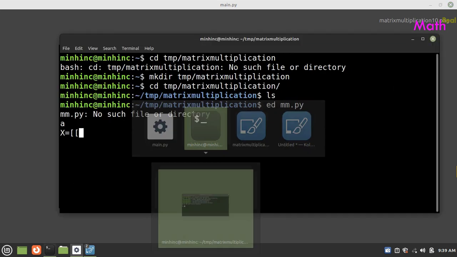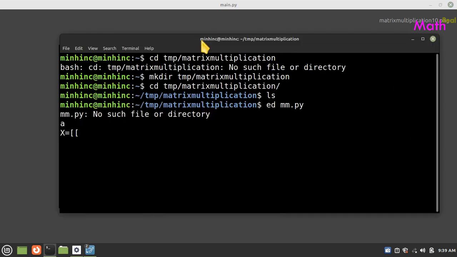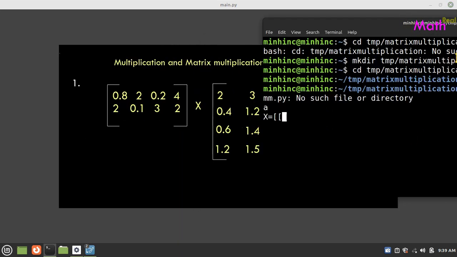So this is the matrix: 0.8, 2, 0.24, 2, 0.1, 3 and 2. So this is the matrix.